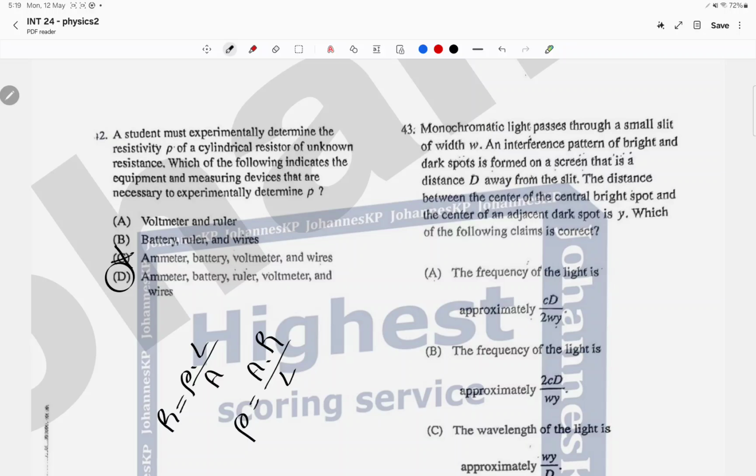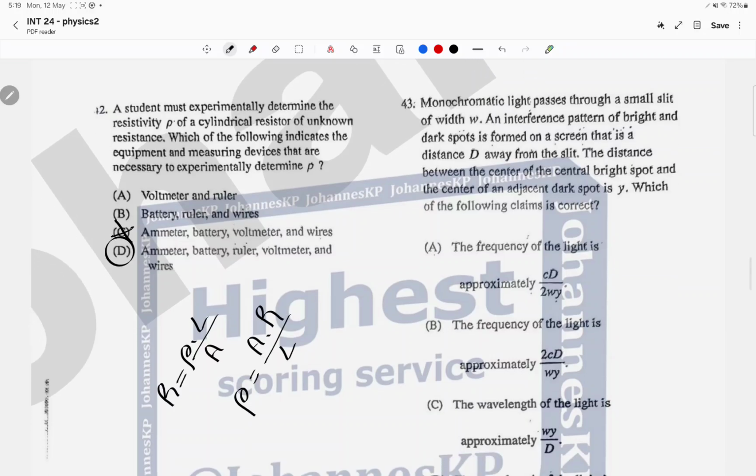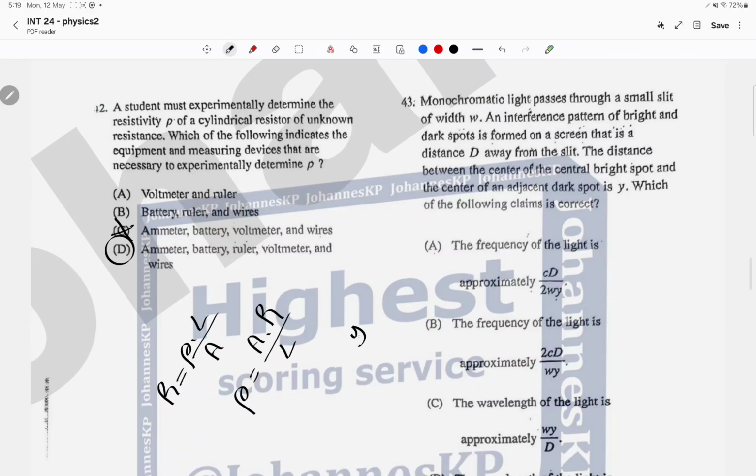43. Monochromatic light goes through a small slit of width W. An interference pattern forms on the screen at a distance of D. Okay. So now look. Y is equal to M lambda L over D, correct? Yeah.